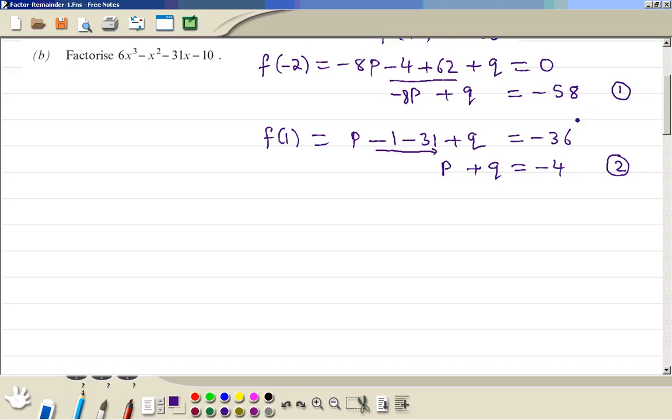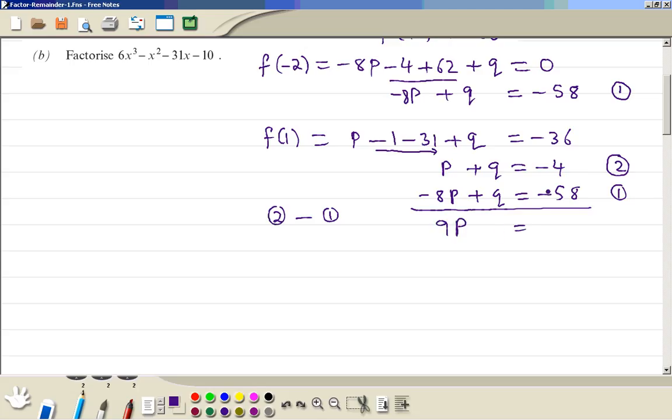If we just write equation 1 underneath equation 2, so it's minus 8p plus q equal to minus 58. And here, we take equation 2 minus equation 1. So p minus minus 8p gives you 9p.